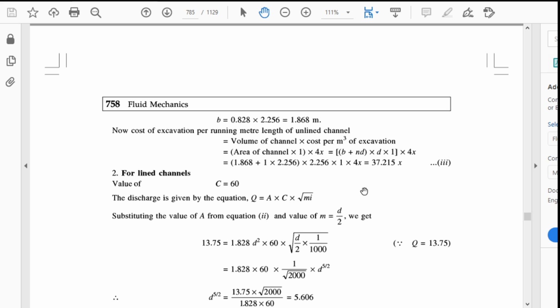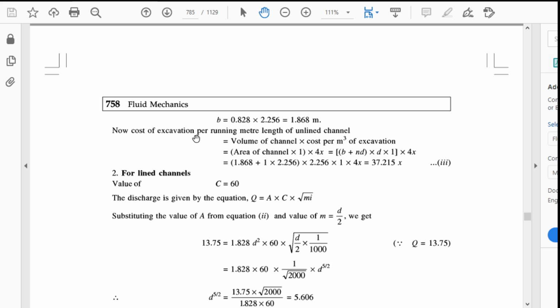Now we have to find out which is the most economical one, and for that they have given the cost. Here we have to consider the cost of excavation. As this is the unlined channel, we can only consider the cost of excavation here.